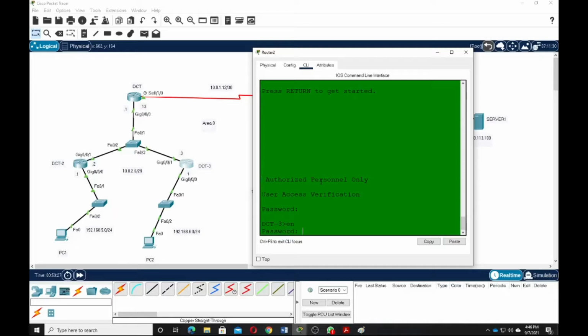Cisco, enable, class, config terminal, router ospf 10, and then interface G0/0/1, ip ospf 10 area 0, and then another interface G0, enter.